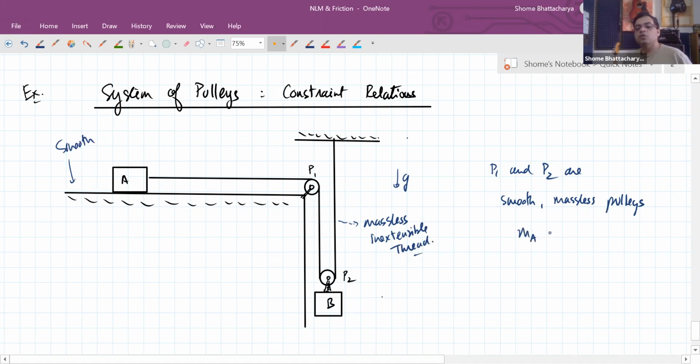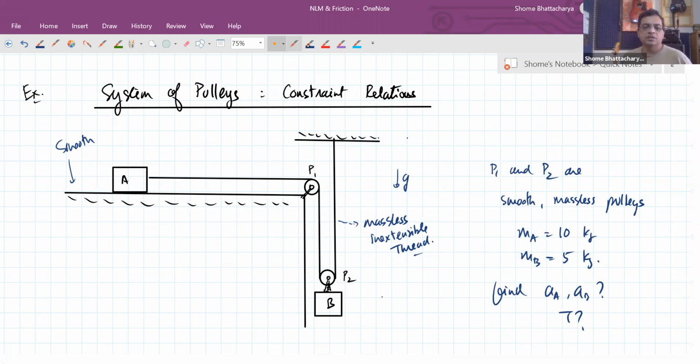And masses of block A and B are given to us. Suppose mass of block A is 10 kilograms, and mass of block B is 5 kilograms. Now we want to find the acceleration of block A and acceleration of block B and the tension in the thread.